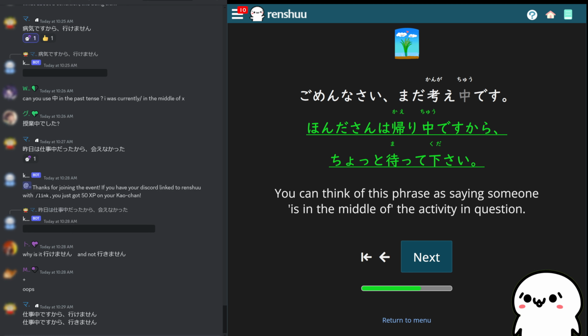Here we go. So let's say I'm working, so I can't go. And I'm translating very literally. In this case, it happens to work out well. But the first sentence is I'm in the middle of work, so I can't go. The second one is more I'm in the middle of work, so I don't go, which is a bit of a strange disconnect because if you say I don't go, you're making a choice.